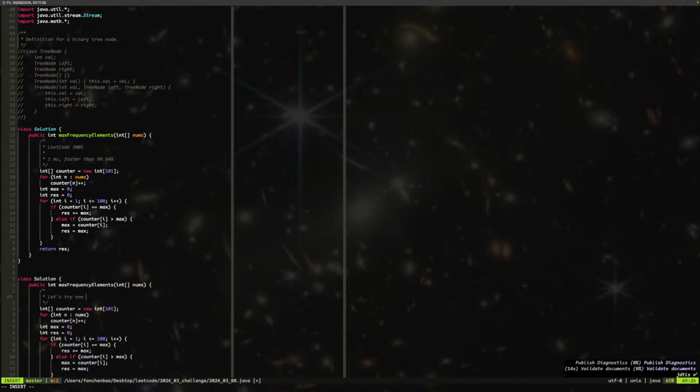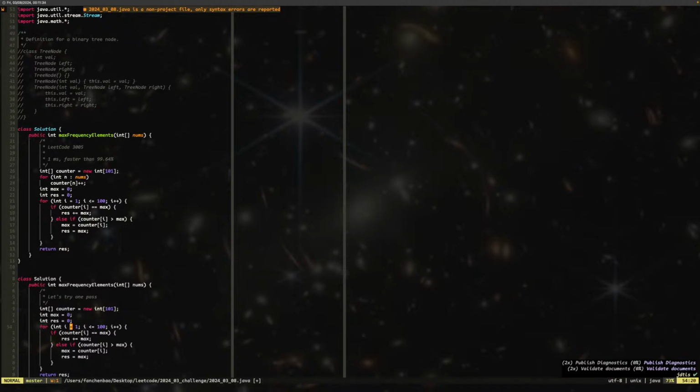Let's try one pass. So we have to have counter, but we don't need this, right? We just go through this for int n of nums, and now we say counter n plus plus, right? And then I think everything else is the same. If it's equal to max, then we do this. If it's larger than, I reset. And the next one, if it gets larger, I reset. And larger, we get reset.